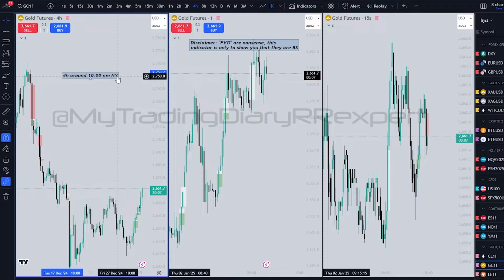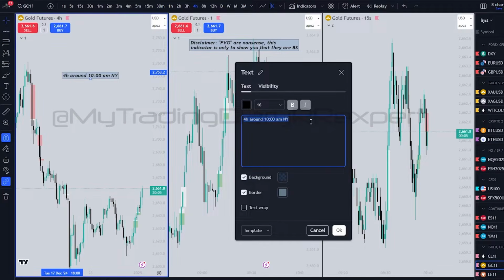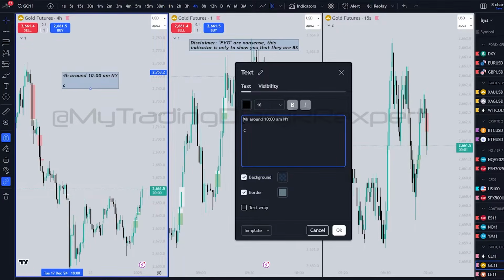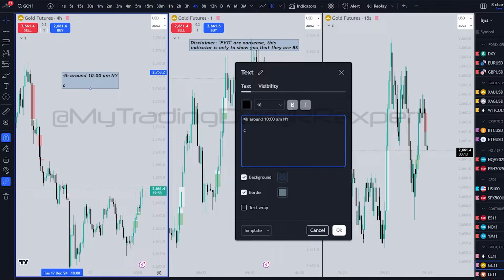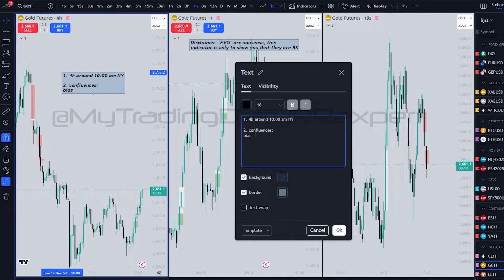The second thing, you're going to look for confluences. Confluences can be many things. Maybe if you can share your screen later, you're already doing a lot of these things. What are confluences? For example, the bias.